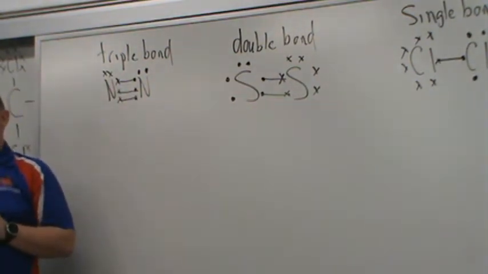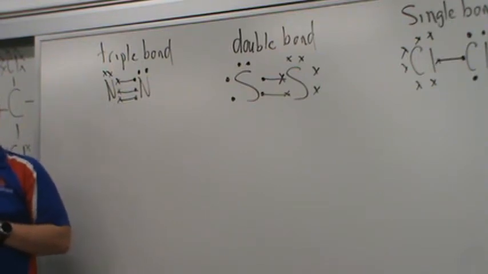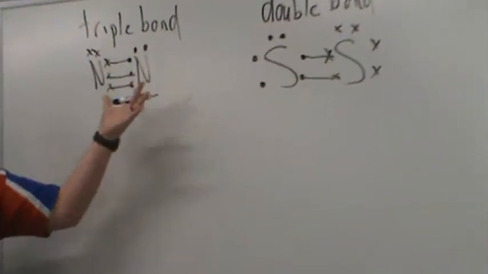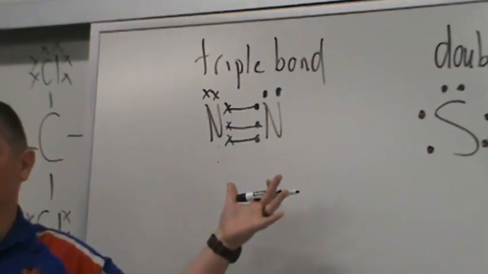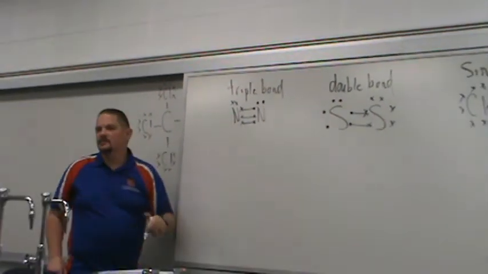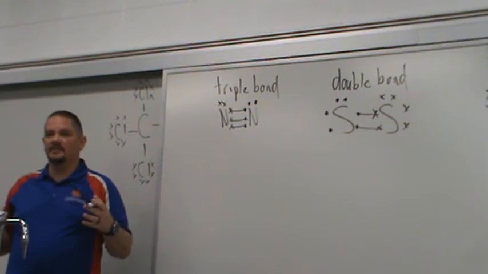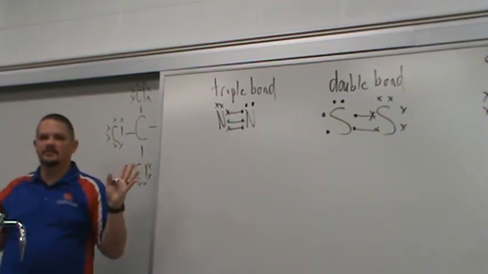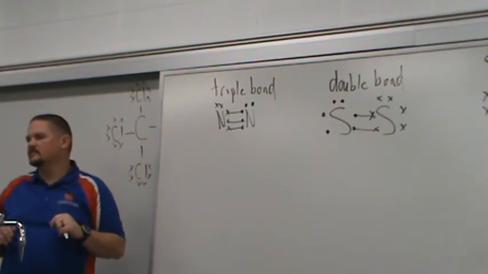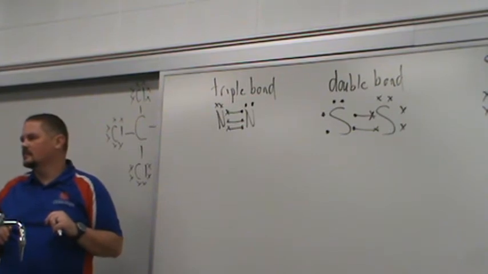Does it have to be in a straight line? That's how they're usually represented. So that we can see that they're shared between the 2. All right. So make a triple bond between the two nitrogen atoms. Now each of them has 8. Okay?